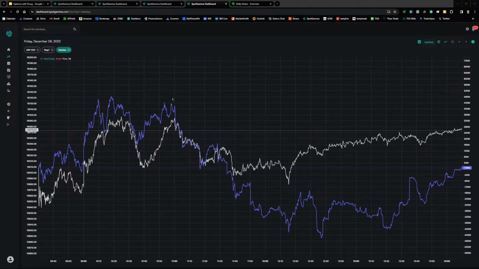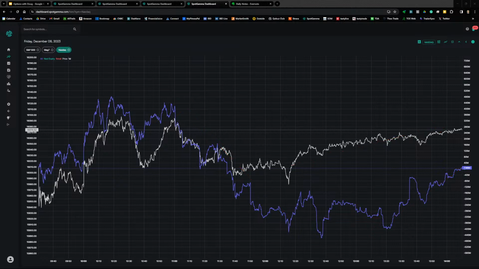Then right around 11, traders start taking negative delta positions, price moves lower, and then levels off. Now Hero levels off, price consolidates, traders start taking positive delta positions again in the Magnificent Seven, and now they're joining the party in the NASDAQ.